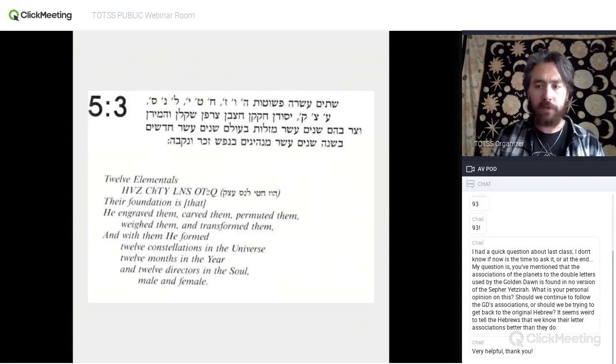And we've also seen this sort of format here, and with them he formed, like we saw with the three mother letters. There were three mothers in the universe, three mothers in the year, three mothers in the soul.